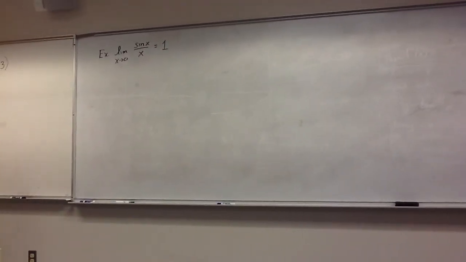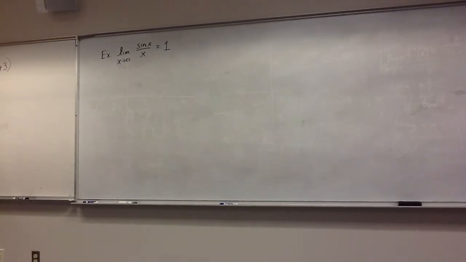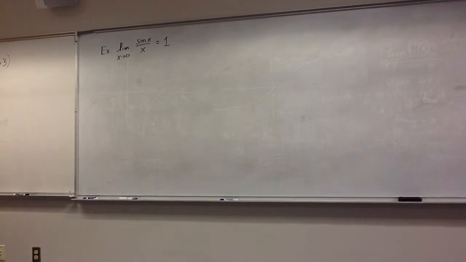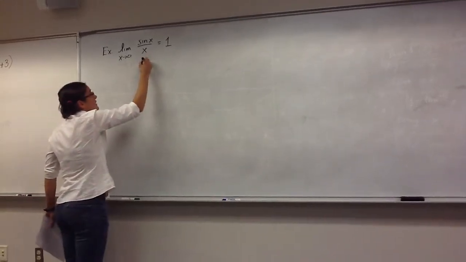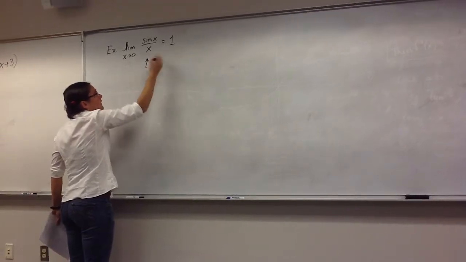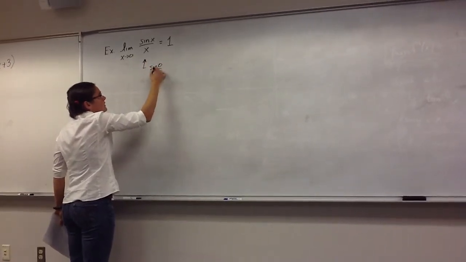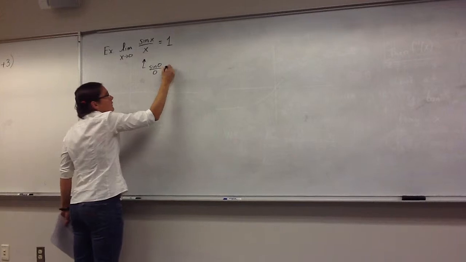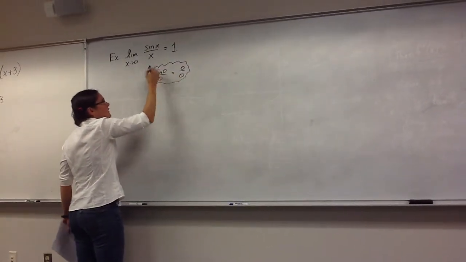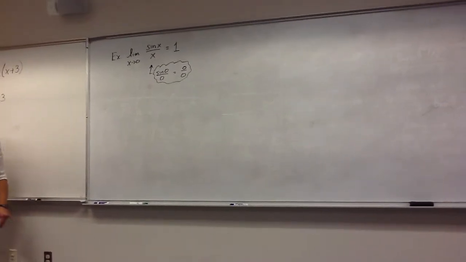We used this based strictly on our graph and our table of values. But if I go back to sine of x over x before we know that this limit's equal to 1, then I have sine of 0 over 0 if I plug in my limiting value, and we get 0 over 0, but I can't really do any algebra to fix that, so we went to our table of values.